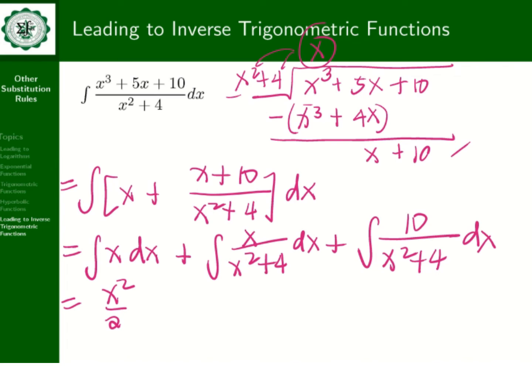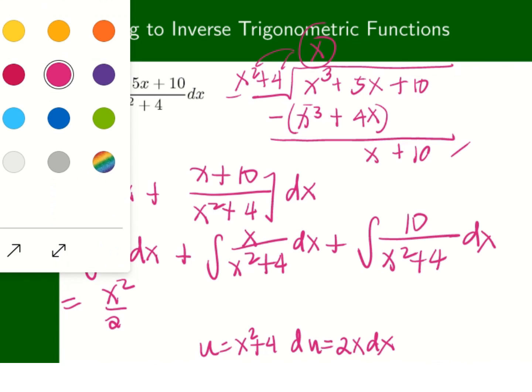And then for the integral of x over x squared plus 4 dx, we are going to let u be the denominator x squared plus 4. So du is 2x dx. So we need to put a correction factor.